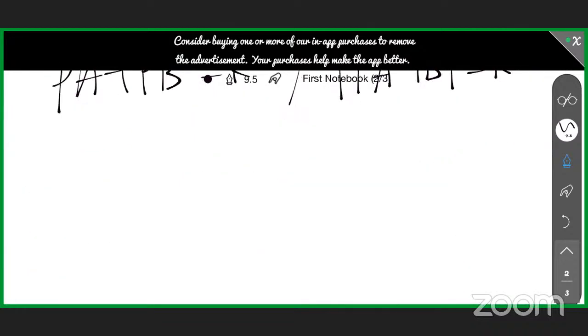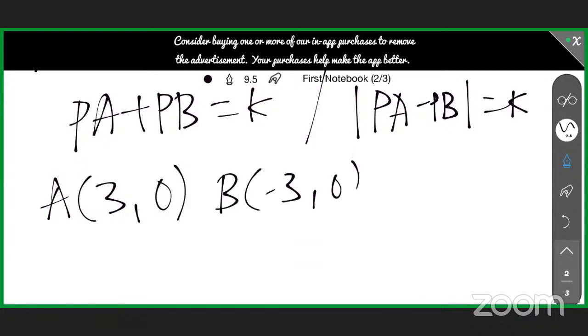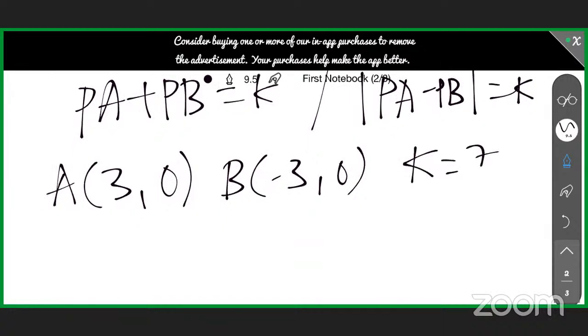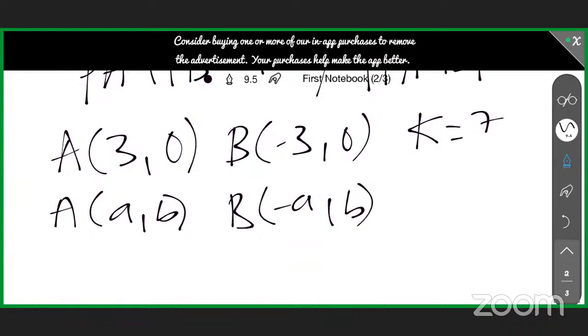Now my A value is how much? (3, 0). My B value is (minus 3, 0). And my value of k is 7. Now compared to the equation, A is equal to 3, B is equal to 0.